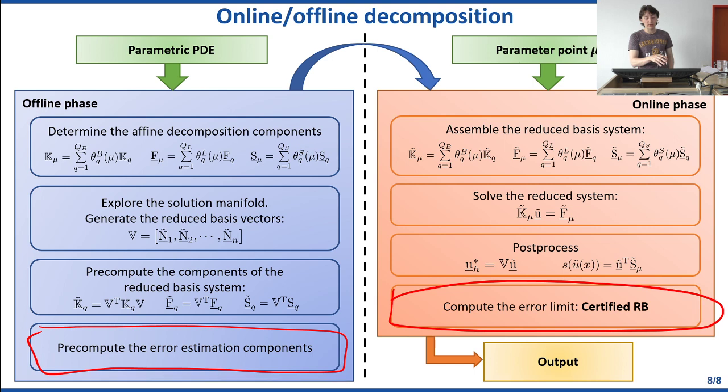And once you've done that, you'll be able to, during the online phase, the red boxes here, after you've computed your reduced basis approximation at the new parameter point, compute the error bound that you're making at that point. And that's what makes a reduced basis method from some arbitrary approximation problem, which might be good, might not be good, into something that is certified and for which you can guarantee that your solution is going to be accurate. That's what this certification is about.